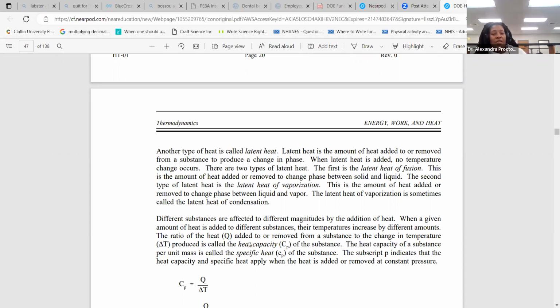So you can have the latent heat of fusion. When heat is added and no temperature change occurs, that is what you're talking about. On that graph, you'll see the temperature is not changing, but the phase is. So first is the latent heat of fusion, and this is when you have a change of phase from a solid to a liquid.